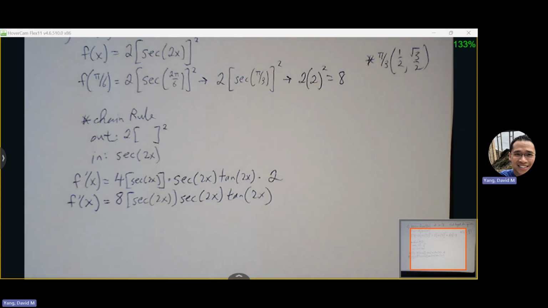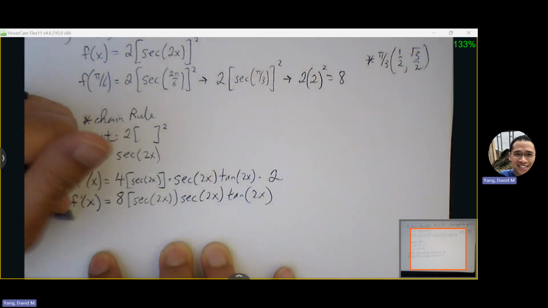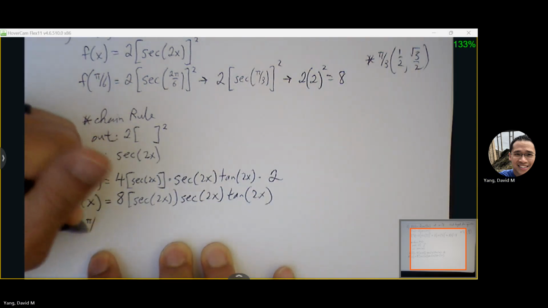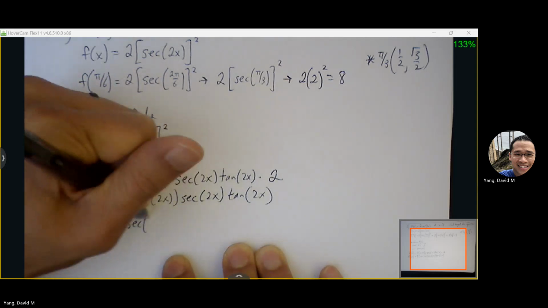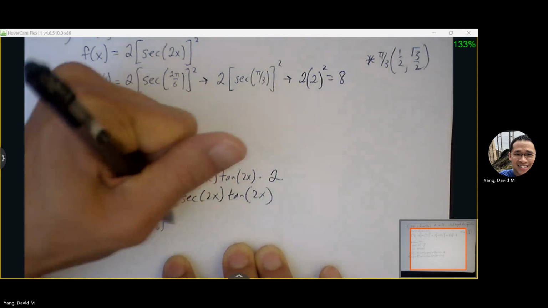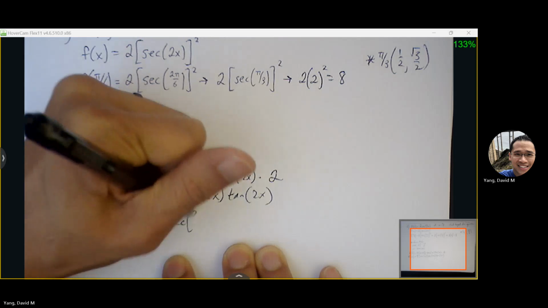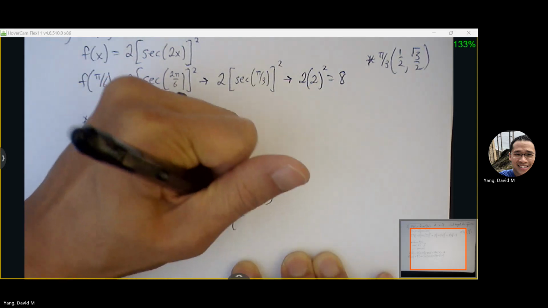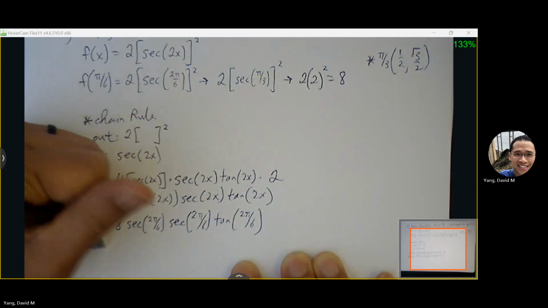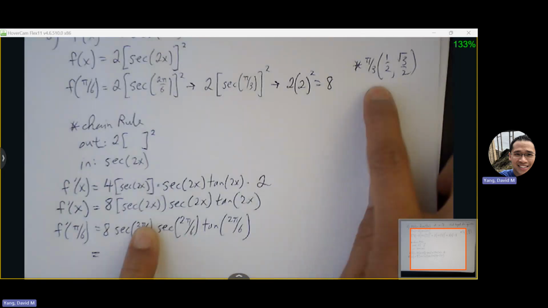Replace all the x's with pi over 6, which is really pi over 3.